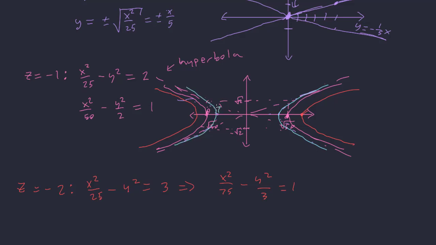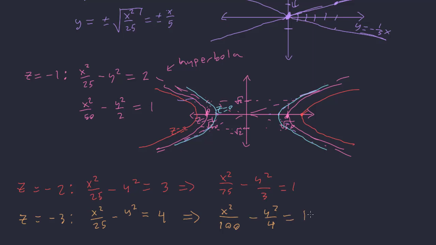this was z equals 0. Here in the pink was z equals negative 1. Then z equals negative 2. And then we'll do one more here. Z equals negative 3 gives x squared over 25 minus y squared over 1 is equal to 4, which will give us x squared over 100 minus y squared over 4 equals 1.